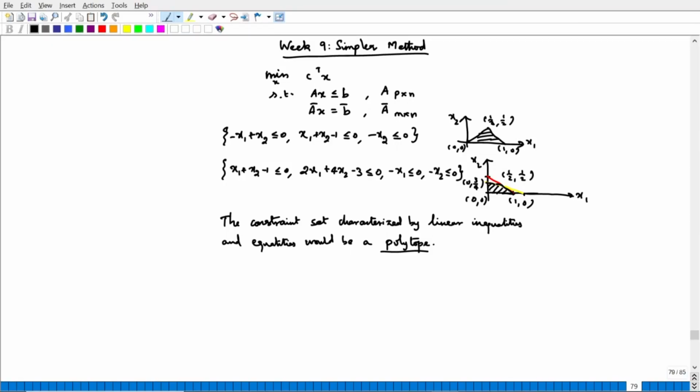So, let me write down that result. I will write it as a claim, because it can be proven. The claim is that the solution of an LP is always a vertex of the polytope.